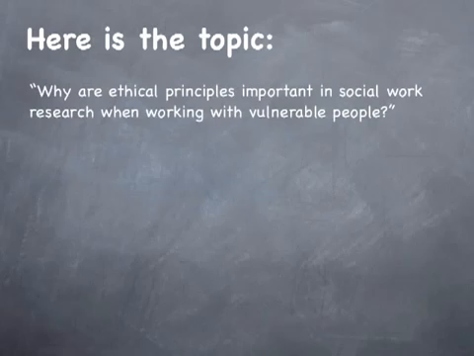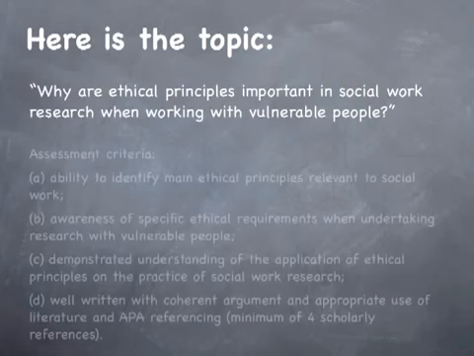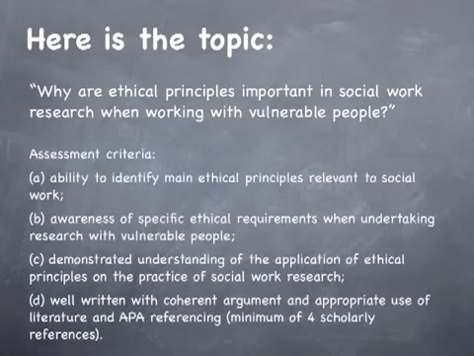However, if we look at the rest of the assignment, we'll see some more information that will help us structure this essay. And let's see. Now, Socrates' professor said, here are the assessment criteria. Okay, so now in this paper, number A, you should be able to identify main ethical principles relevant to social work.